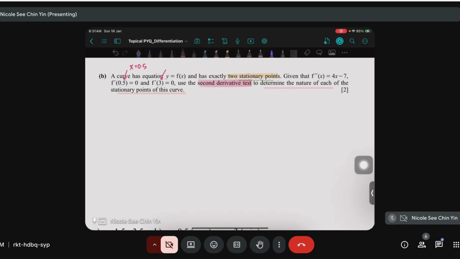Same thing, x equals 3 is your stationary point. So you have to sub 0.5 and 3 into the second derivative. So first of all, I will do x equals 0.5. Sub into f double prime of 0.5. So my double prime is 4x minus 7, so replace my x with 0.5. So from here, I get negative 5.